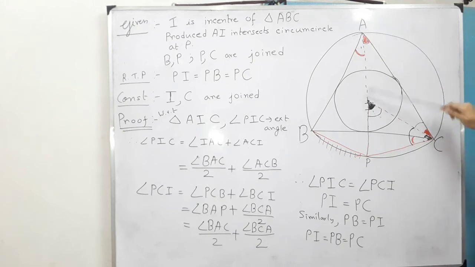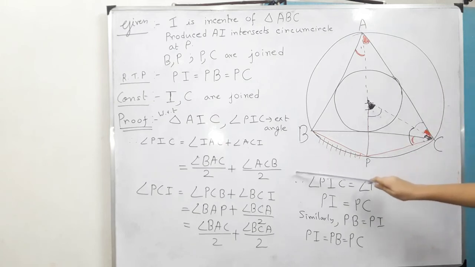Now angle IAC: IA is the angle bisector since this one is the incircle. So angle IAC is half of angle BAC, the whole one. Similarly, angle ICA is also half of the whole angle ACB. Up to this one done.